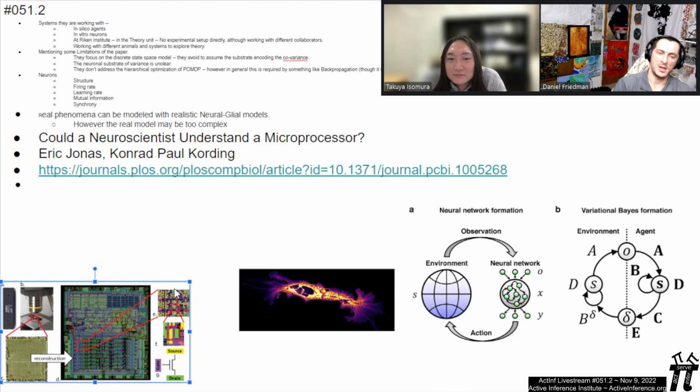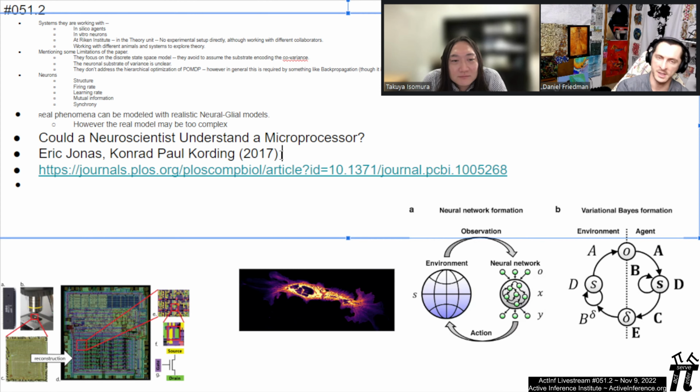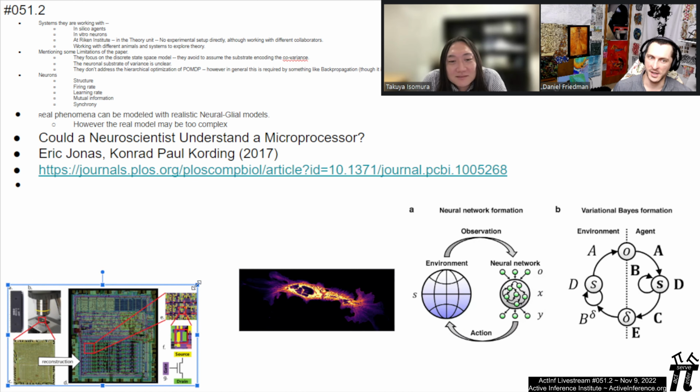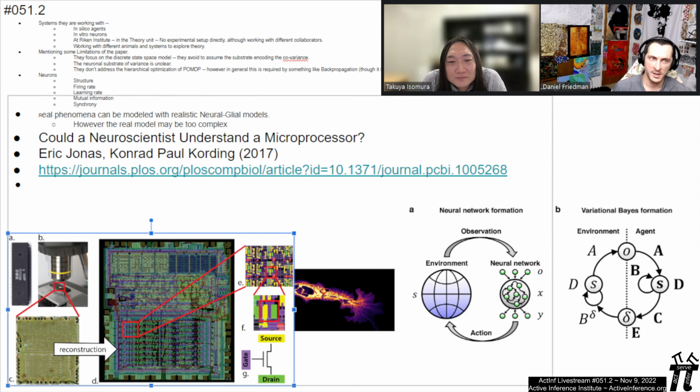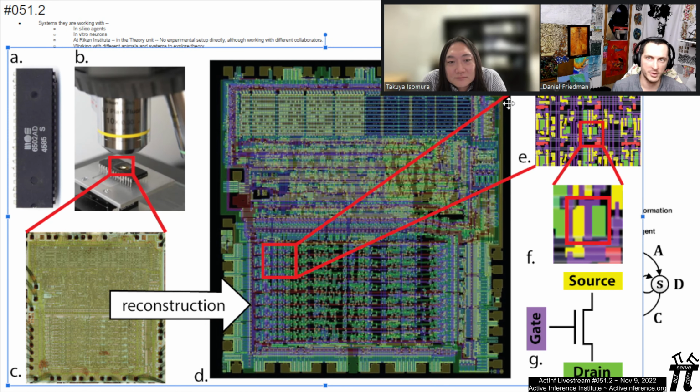Yeah, one paper from 2017 that was much discussed: Could a neuroscientist understand a microprocessor? This group, Jonas and Kording, had a simulation of a microprocessor from an earlier video game console, I believe. Using the analogy of the transistors and their connections as neural firing and structural connectivity, they were able to simulate experimental settings, input and action, and then make measurements from every neuron, including doing lesions and loss of functions and so on.